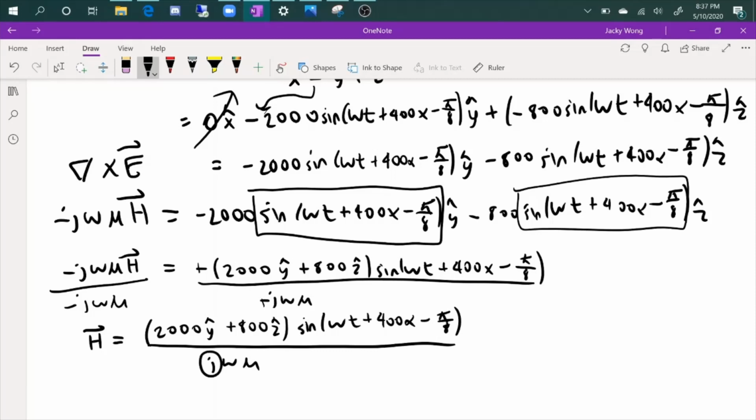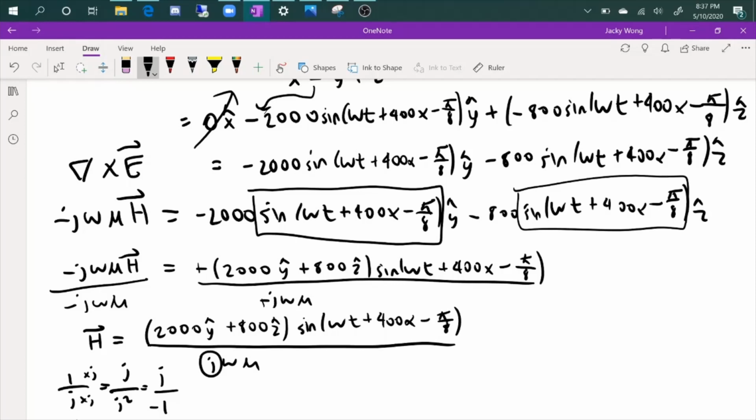This j, however, we can treat as 1 over j. If we multiply j on both sides, we get j over j squared, which is equal to j over negative 1. So that means 1 over j is equal to negative j.